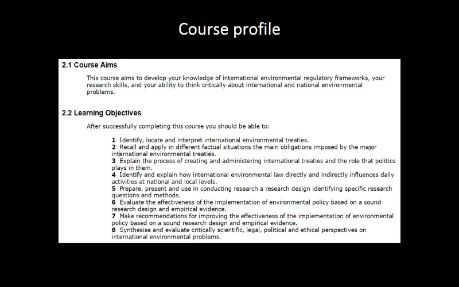And there's a number of learning objectives, including content ones early on, and then you'll see 6 and 7 particularly: evaluate the effectiveness of the implementation of environmental policy based on sound research design and empirical evidence, and make recommendations for improving the effectiveness of the implementation of environmental policy based on those things. So those 6 and 7 are very much what I hope you get from the research paper. And then an overall critical evaluation and ethical perspectives as well. So hoping to challenge you.